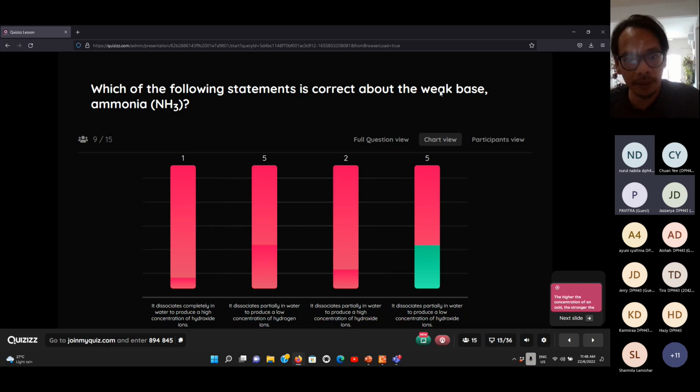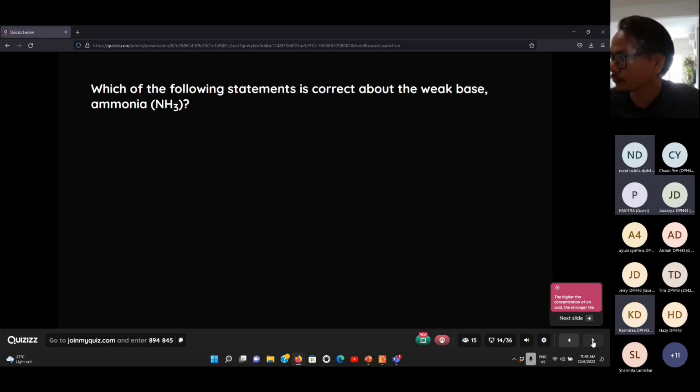The definition is the ability to produce hydroxide ion partially. It cannot produce hydroxide ion completely. So look back at the statements, which one is most accurate to that definition you just figured out. So the last one is the answer because it says here it dissociates partially in water to produce a low concentration of hydroxide ion. So hydroxide ion is OH minus.